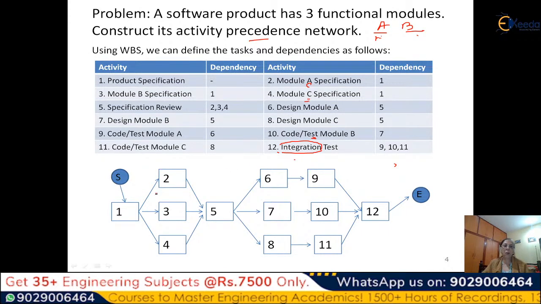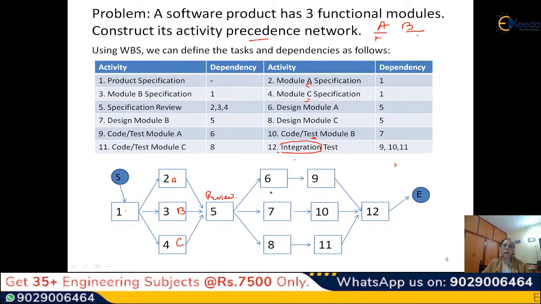So then we will have to draw it. So this is your start button. And from the start button, you come to the activity 1, which is the product specification. From here, you can have 3 parallel tasks. That is the specification of module A, specification of module B, specification of module C. Then you have the review. So again these will join in.